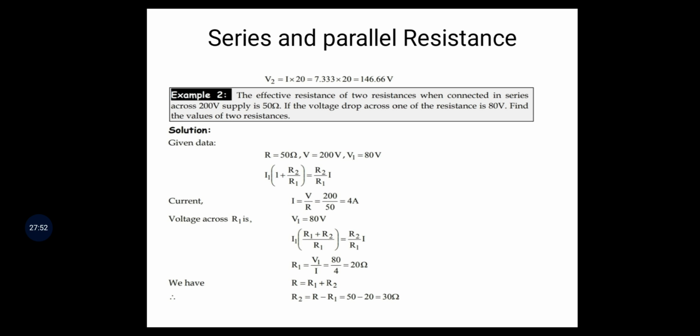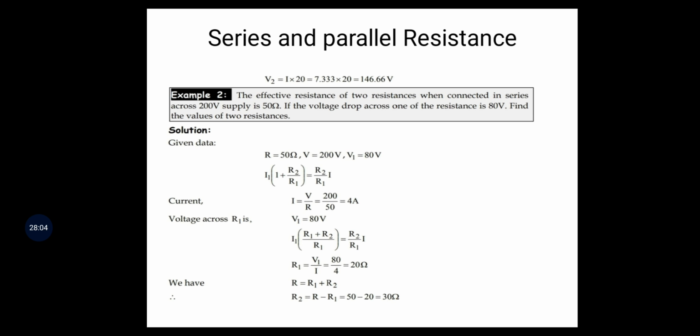Next we take another example. The effective resistance of two resistances connected in series across a 200 volt supply is 50 ohms. If the voltage drop across one of the resistances is 80 volts, find the values of the two resistances.